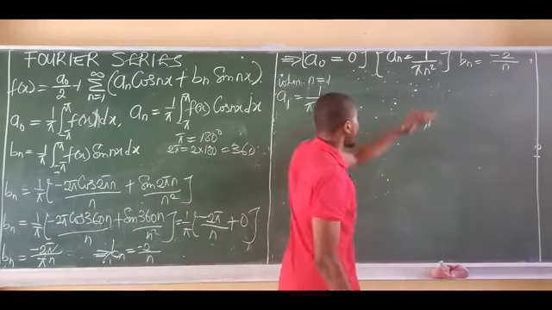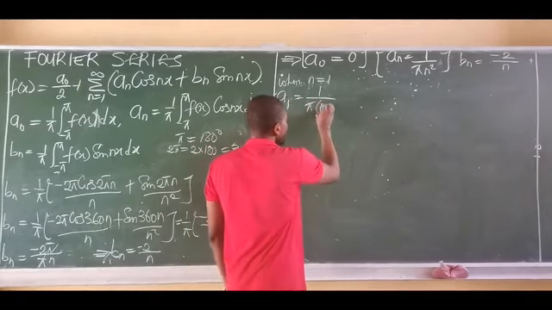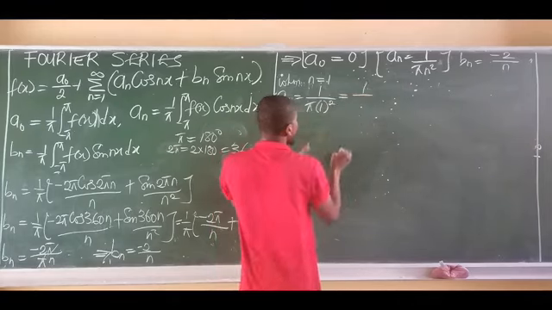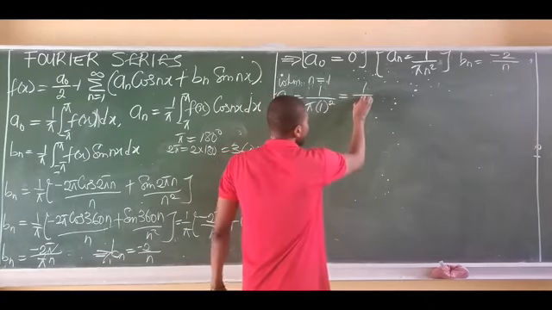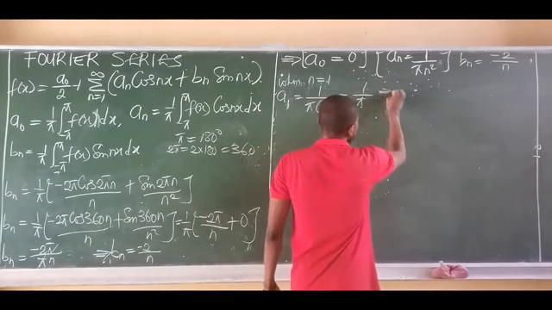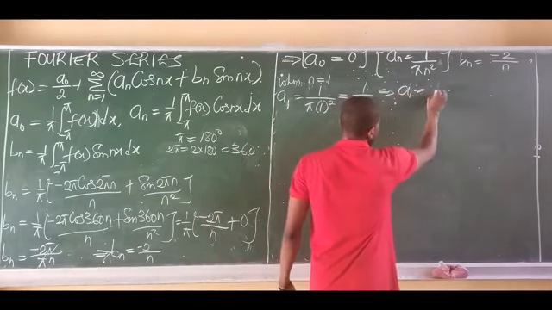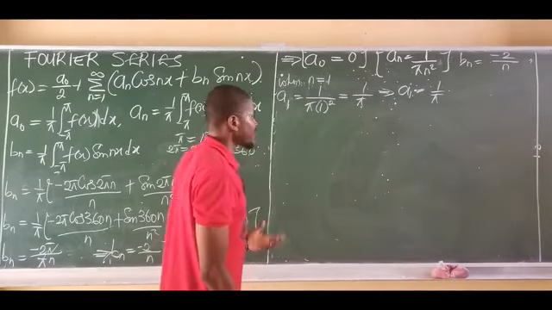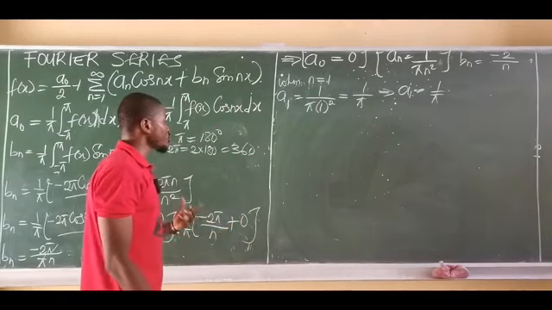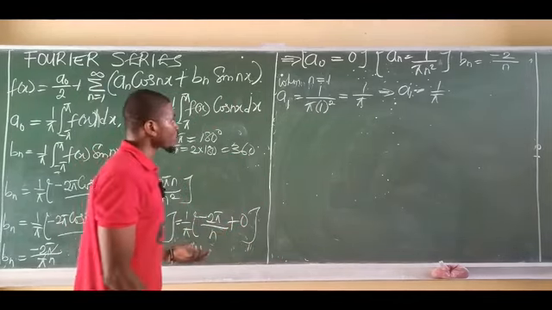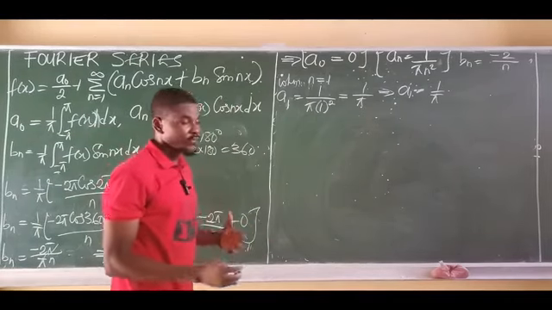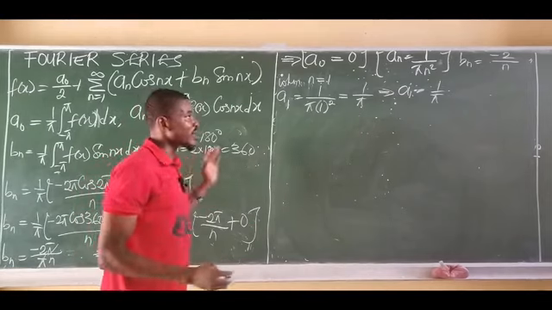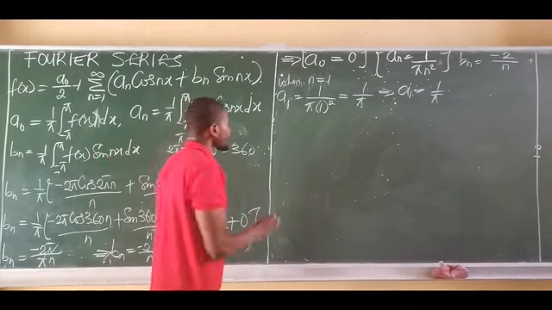In place of n squared, n is 1, it becomes 1 all squared, and this is equal to 1 all over pi times 1 squared, which remains pi. So a1 is equal to 1 all over pi. You can test up to 3 and stop, since it's a series that runs to infinity, unless you're given a range. If you're asked to test from n equal to 4, 5, then you also consider all of that.